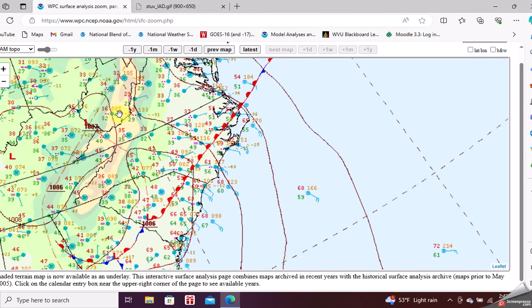So if I have that, I want to connect lines of equal pressure, isobars. So think about it. You're trying to connect the dots. So I know this pressure is 1,008.5 millibars. I want to draw a line where all the pressures are 1,008 millibars.